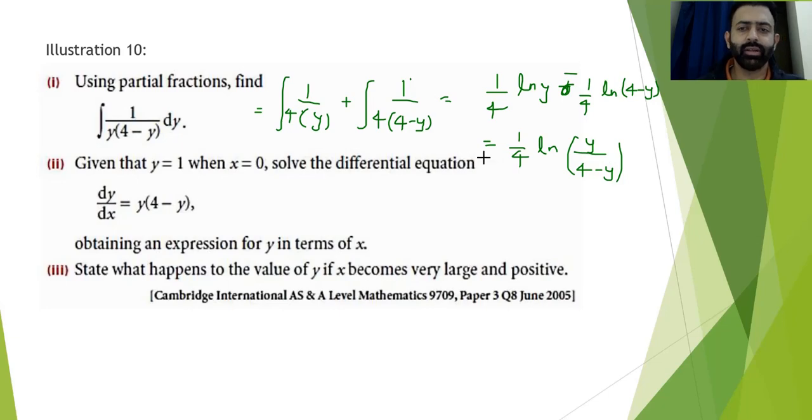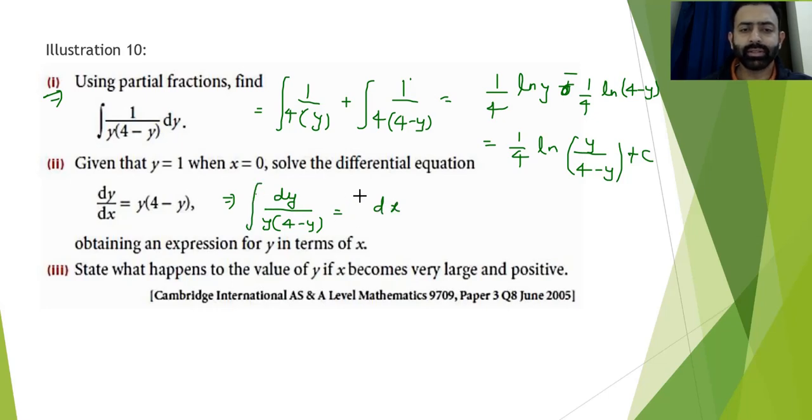Now, plus c also we have to use, as far as part 1 is concerned. Then it says that given that y is equal to 1 when x is equal to 0, we have to solve this equation. So using separation of variables, dy over y into 4 minus y is equal to dx.